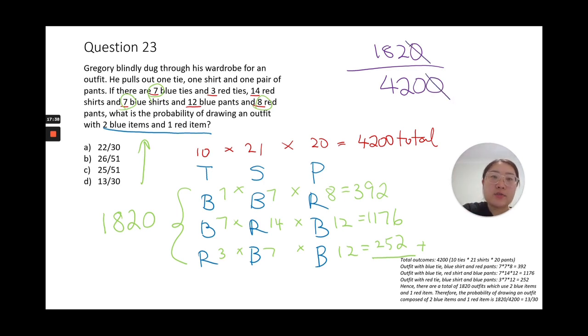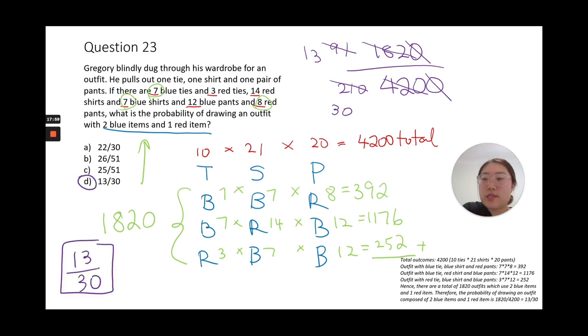And you can cancel like this, and you can divide top and bottom by 210, and you can actually divide it by 7, and you get 30 and 13. 13 over 30 is the final answer. Okay, that's option D. So quite a long-winded question, but it's a very interesting one.